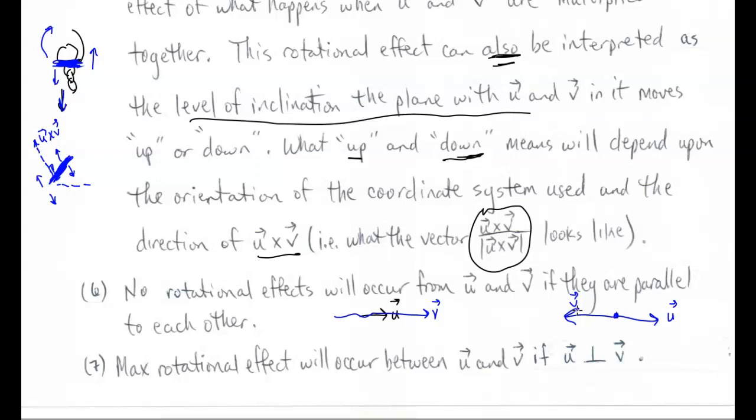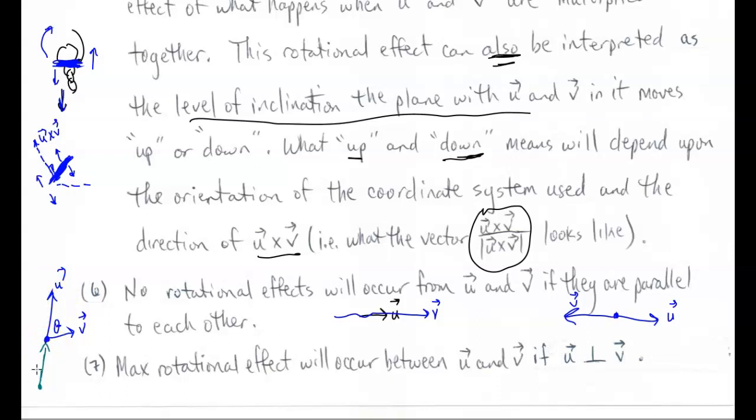Now, if we had a vector u here, and another vector v here, then depending upon the angle in between these two vectors, there may be some type of rotational effect. To show you why that would be, I'm going to draw a copy of this vector u and draw it down here.